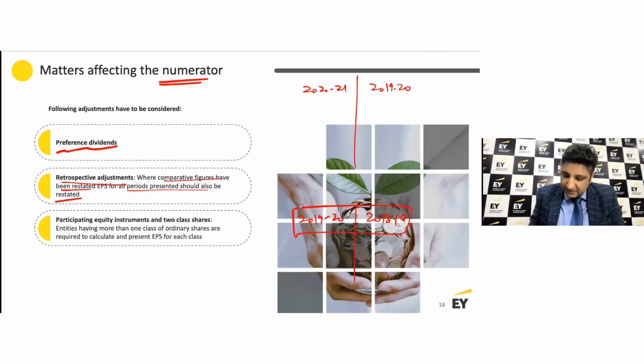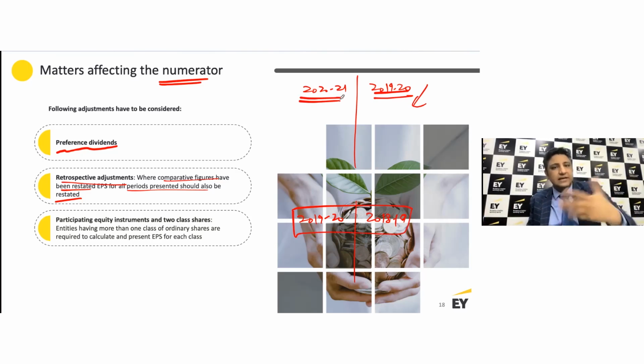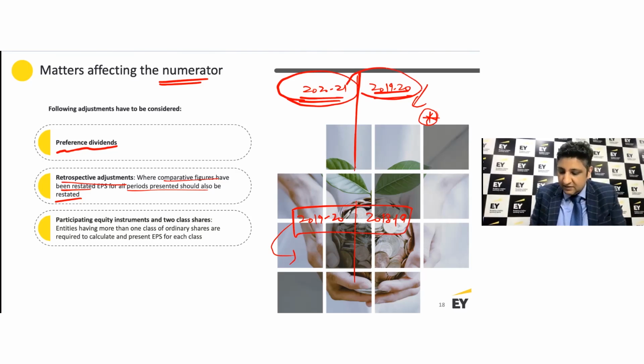But now, because of some changes, there's a retrospective adjustment made and you are representing your 2019-20 numbers with the new profit figure, right? Now, is this EPS incorrect? The answer is no, but you cannot show that same EPS in this year because you are comparing the performance of this year versus the comparable reporting period. And that's the reason why the EPS of the previous year is also restated to that extent.